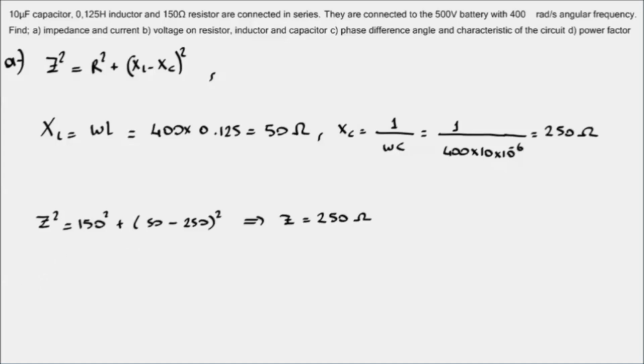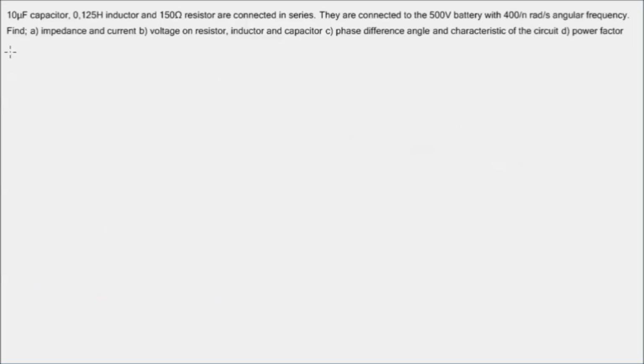And current in the circuit equals V over Z. Potential difference, which is 500, over Z, 250, is going to be 2 ampere in the circuit.